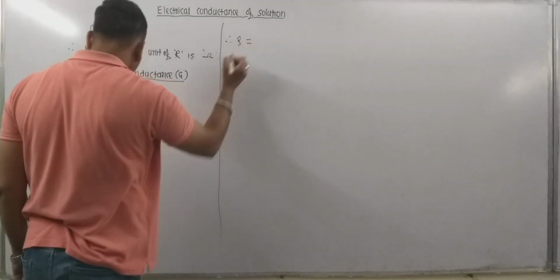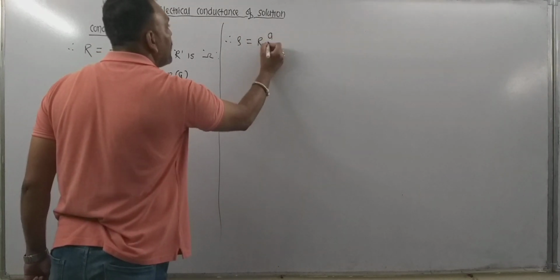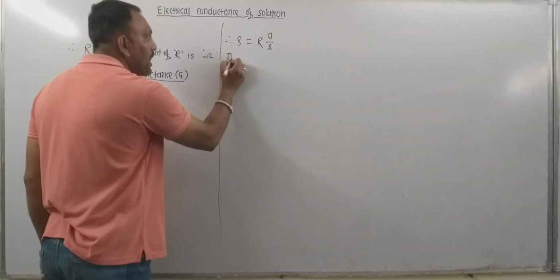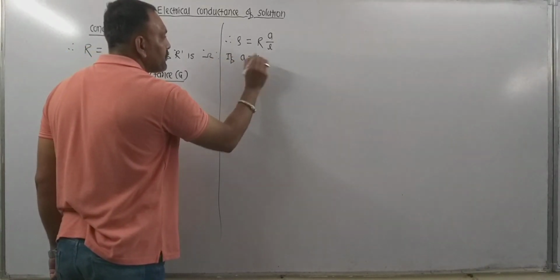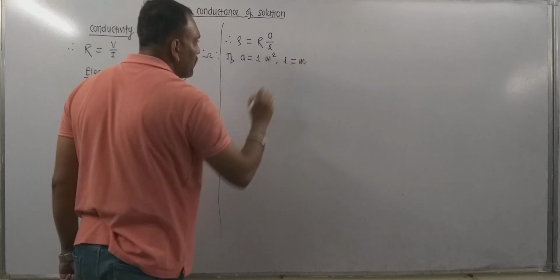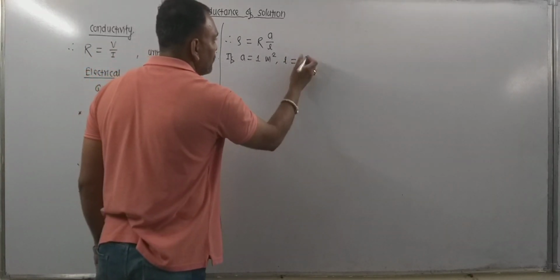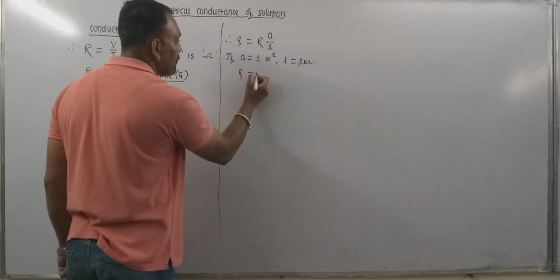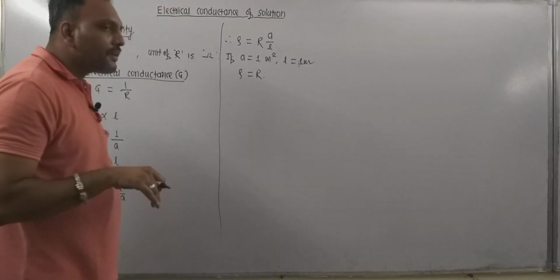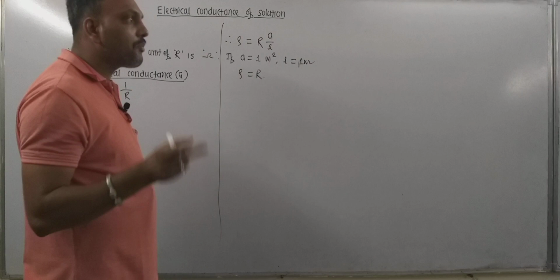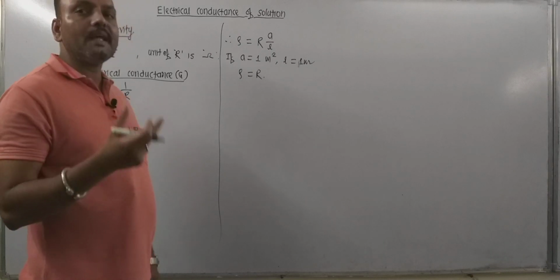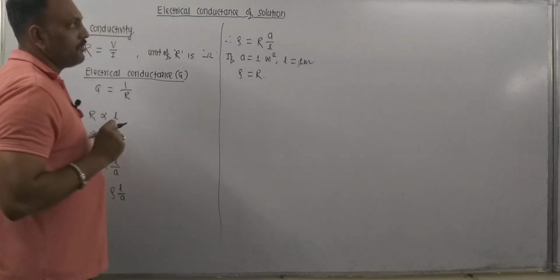Rho is equal to R A by L. Thus if area of cross section is 1 meter square and length is 1 meter, then rho is equal to R. What it means is that resistivity is nothing but the resistance of a conductor having unit length and unit area of cross section. That is to be noted.